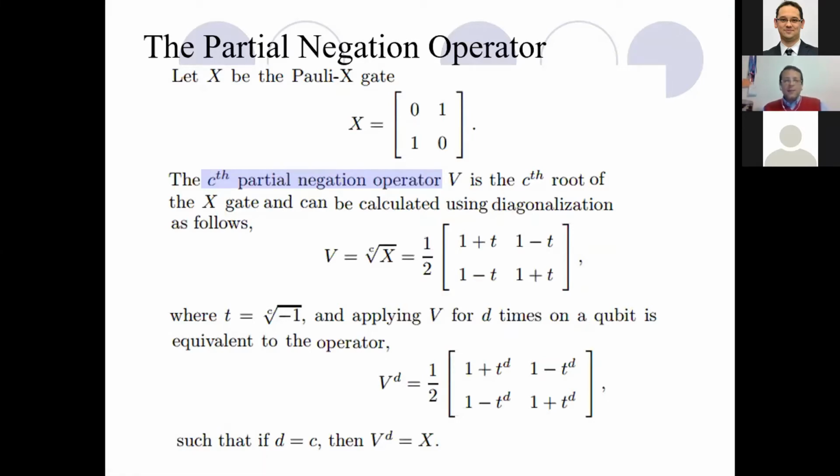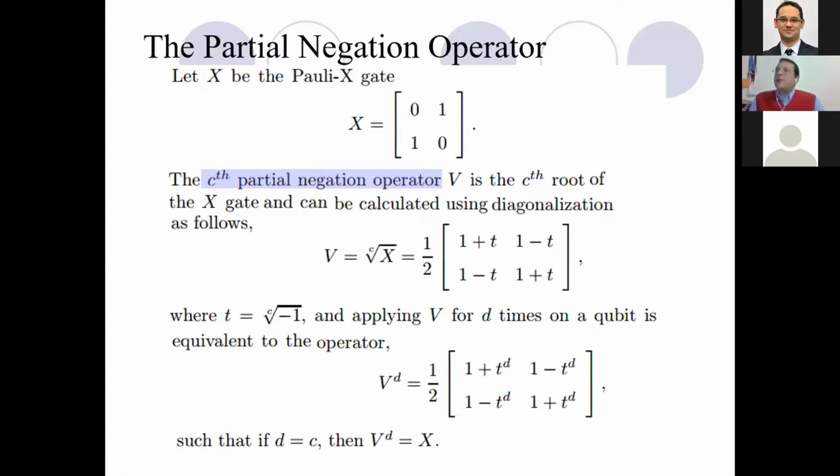So we are simply trying to divide the negation: not only applying it once, but applying negation as a sequence of gates. If we apply this gate d times, it will take this form.